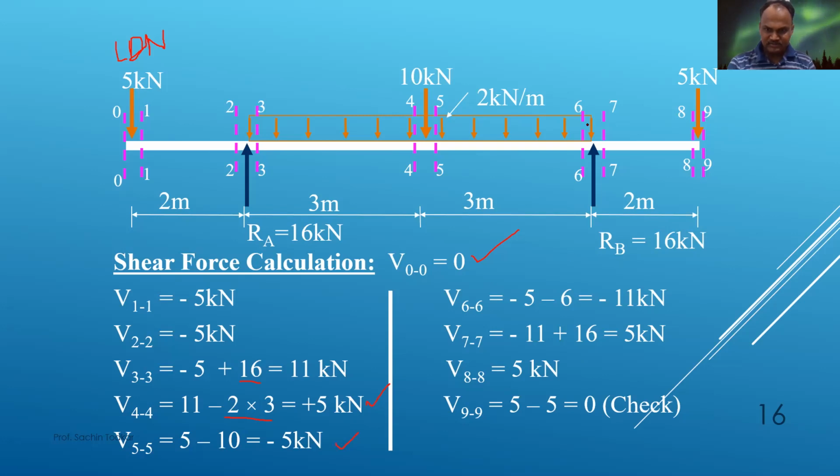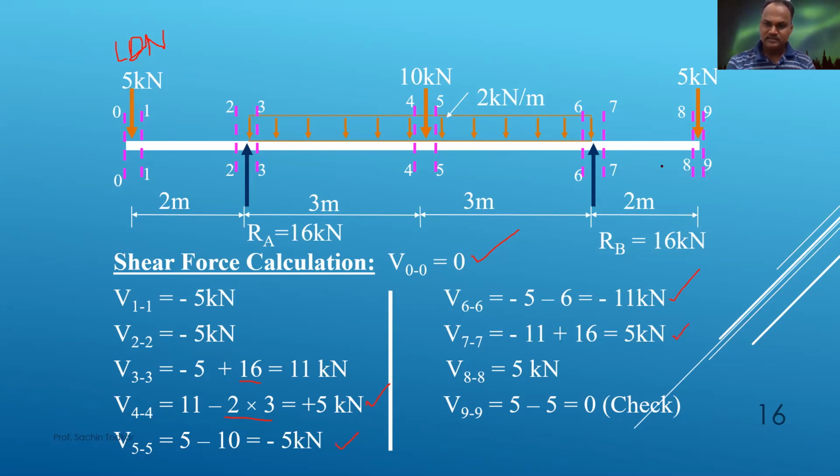Similarly, at section 6-6, minus 5 minus this much, that is 2 into 3, so minus 6, it is minus 11 kilonewton. At section 7-7, again this left upward positive force will come into the picture, so minus 11 plus 16 becomes 5 kilonewton.